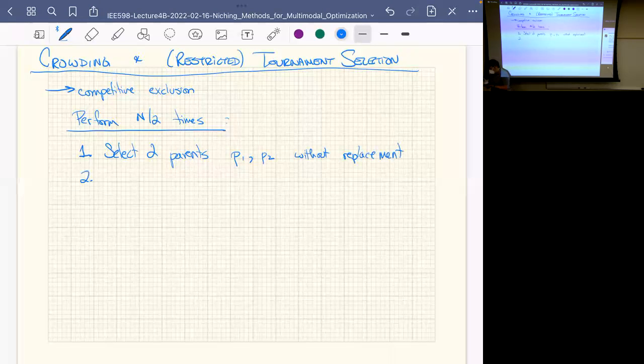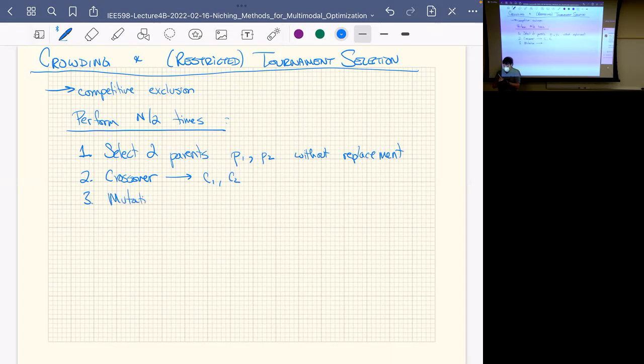Then 2, you do crossover, that creates a C1 and C2, and then you do mutation, and that creates a C1 prime and a C2 prime. Those are our offspring. Then we either do deterministic crowding or probabilistic crowding, which relate to tournament selection or fitness proportionate selection, but in these tiny little populations of parent and offspring.